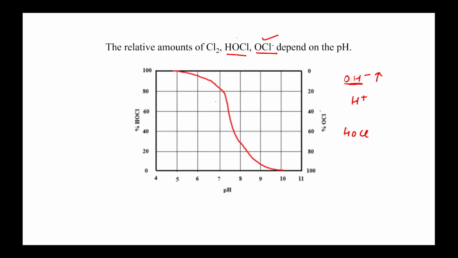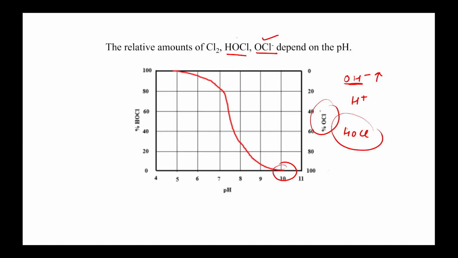Slowly the hypochlorous acid concentration will decrease as the pH increases, and beyond pH 10, we have 100% hypochlorite ion, that means hypochlorous acid is completely deprotonated beyond pH 10. So at pH greater than 10, we'll have only hypochlorite ions present in the water and no hypochlorous acid.